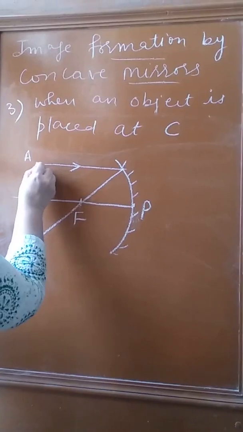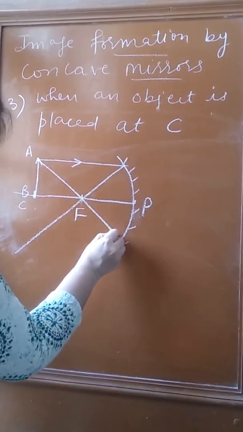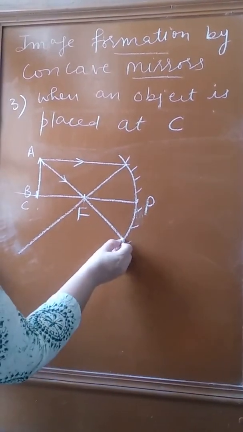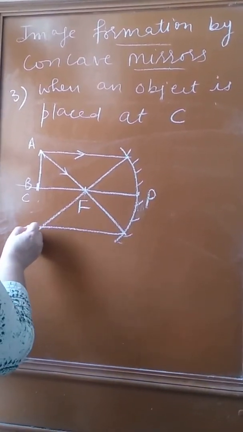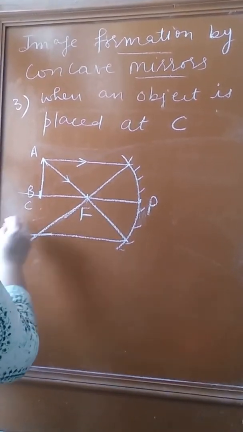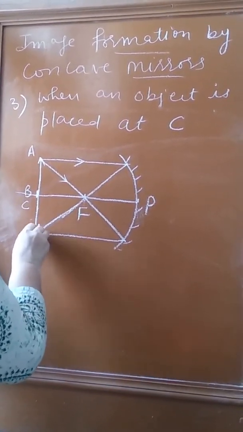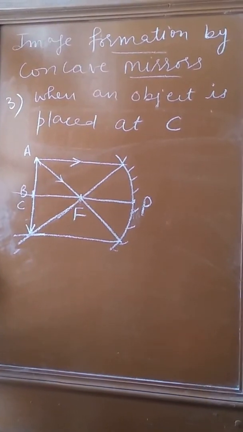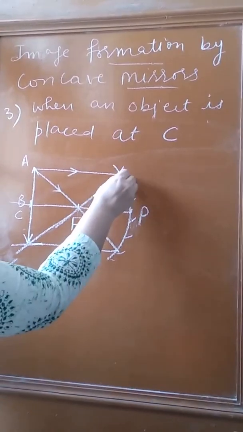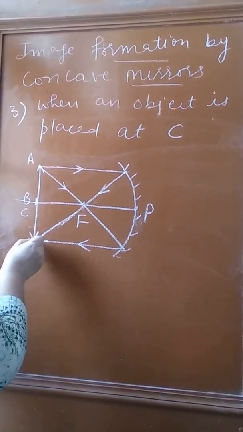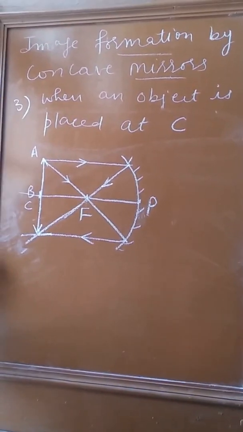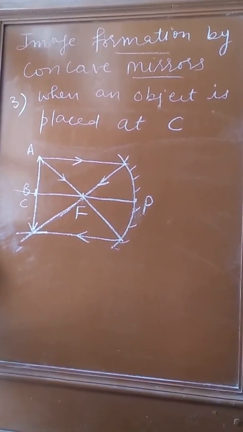Now the second ray through the focus. After reflection, the rays meet at a point at the center of curvature. This is the real image of the object at center of curvature.